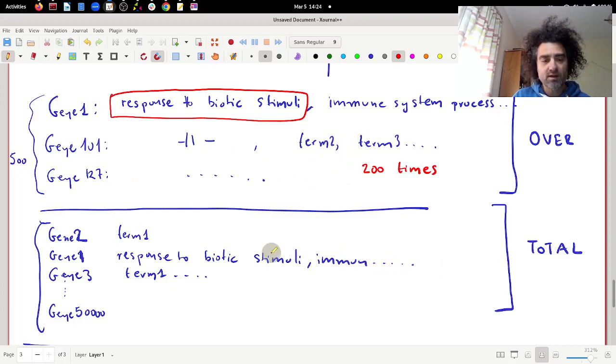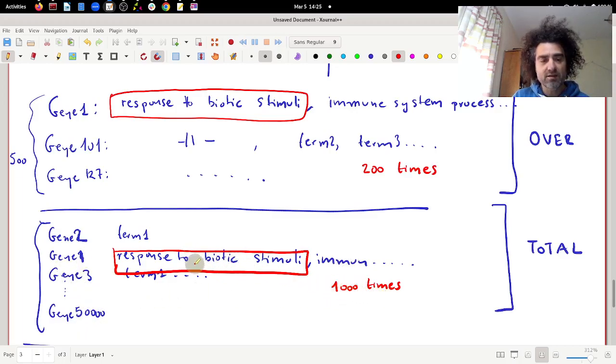Now in the total, the same term is found 1000 times. Of course, we expect to find this term more times here than here, because this set is a subset of the genes here. So out of 50,000 genes, 1000 are linked to response to biotic stimuli.